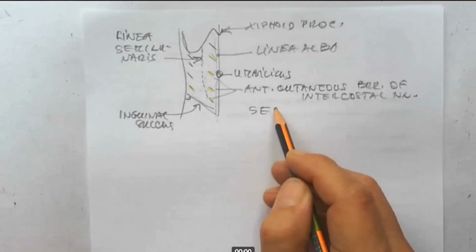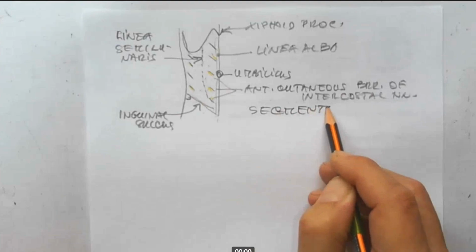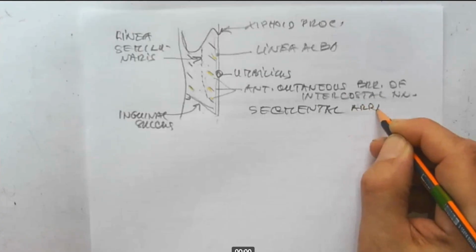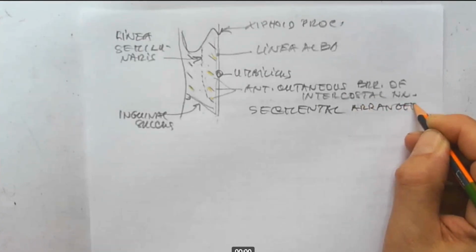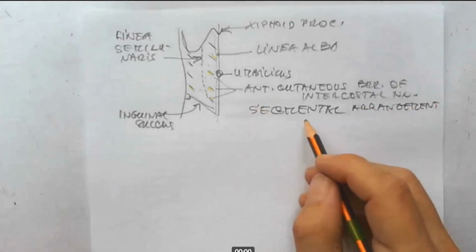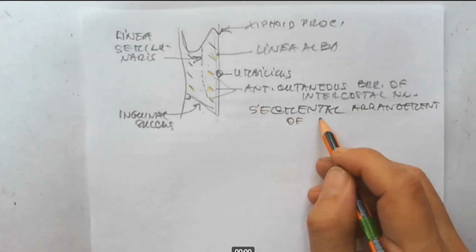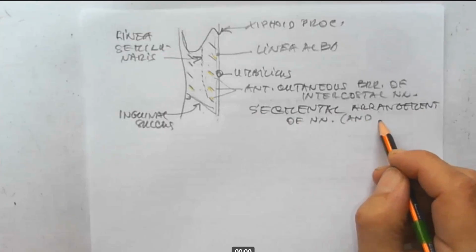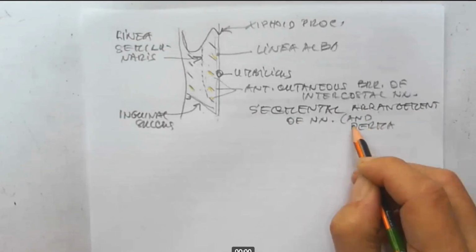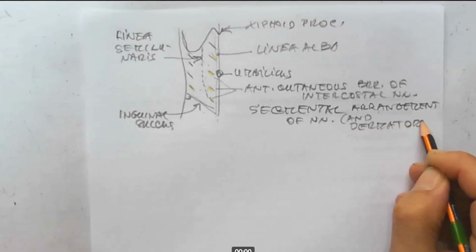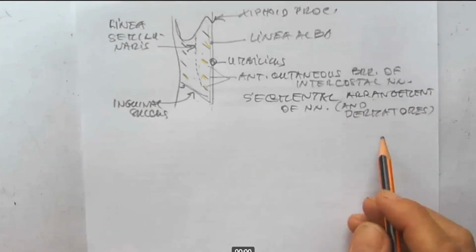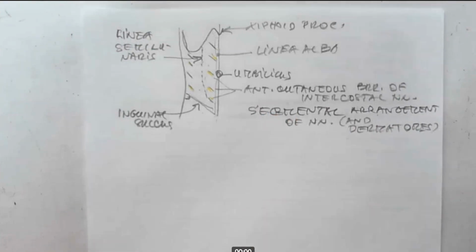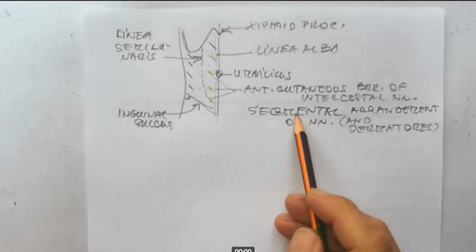Note please the segmental arrangement of nerves, and also of dermatomes. We still keep in mind that the dermatomes are segmental, and dermatomes mean that they receive the same nerve supply or same nerves as the internal organs.